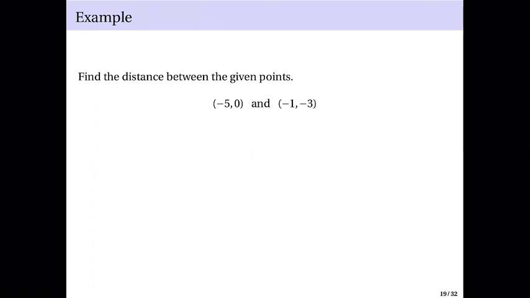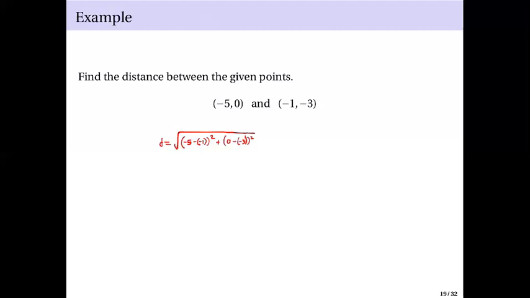So distance, plain formula, this is equal to the square root of, let's write this longer, the x, -5 minus -1 squared plus we have the y's, 0 minus -3 quantity squared.